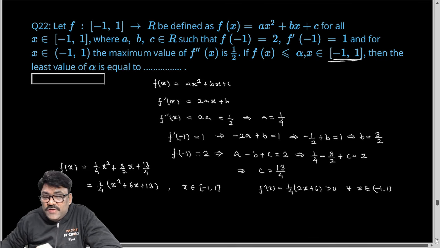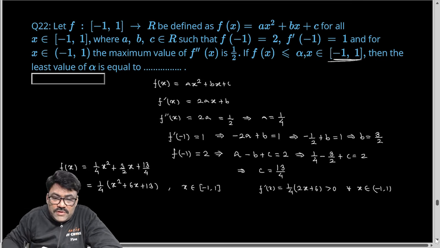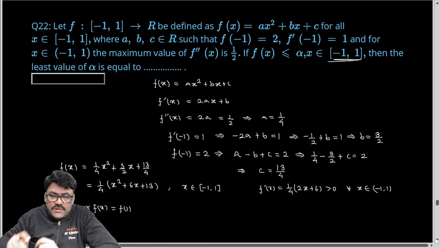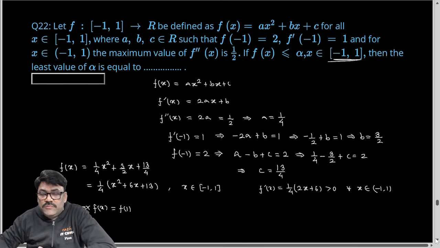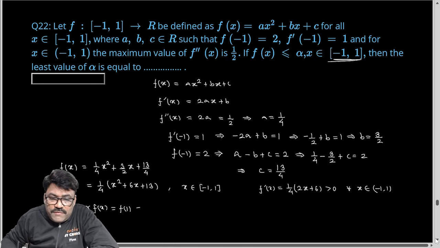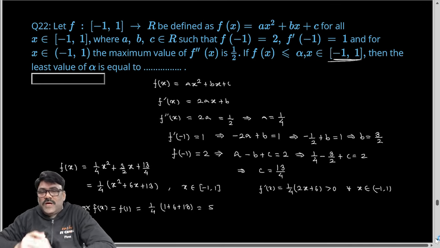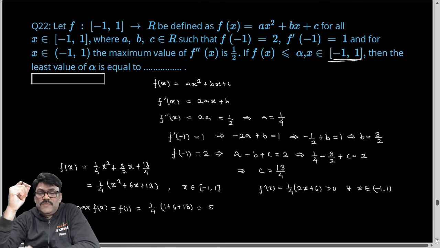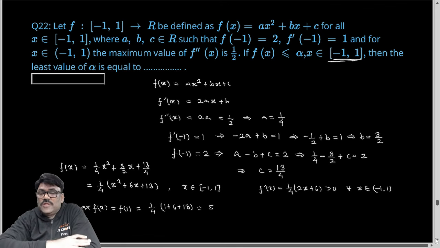Means your function is an increasing function. So hence maximum of f(x) will be f1 only. Function is increasing, graph is going up. The maximum value you will get at 1. Now what is f1? f1 is 1 by 4 times 1 plus 6 plus 13. So it is 5 actually. And since the function's maximum is 5, you can say f(x) is less than or equal to 5 always.